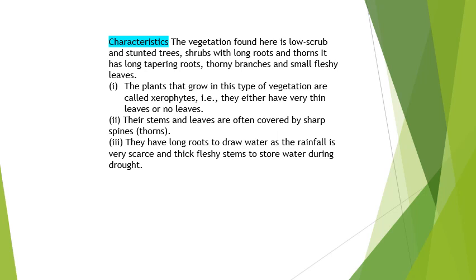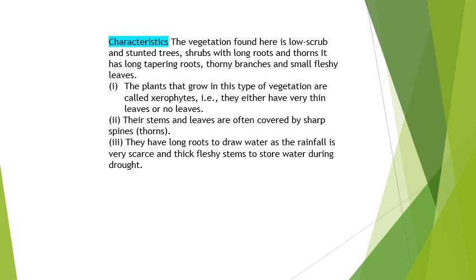Alright, so they have adaptations like the trees are stunted, we find shrubs with long roots and thorns, they have long tapering roots. So in this also children you can write the same characteristics which you wrote for desert and semi-desert vegetation, that here we find xerophytic plants which have thin or no leaves. Their stems and leaves are covered by sharp spines.